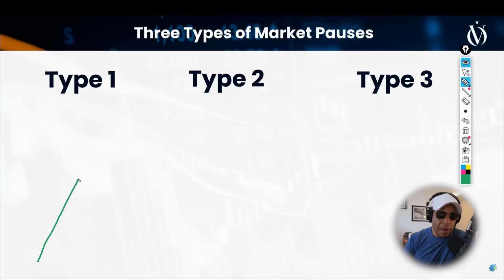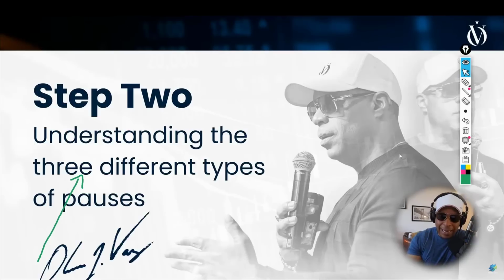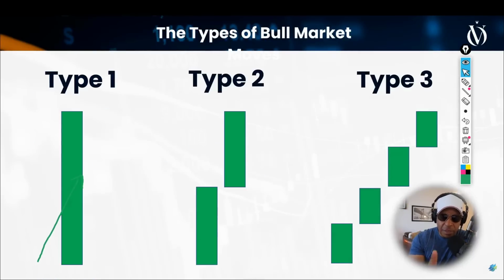So you have a move up. Now remember, guys, the move up can be any one of these 3: 1 bar move up, 2 bar move up, or multiple bar move up. Let's not forget, when I say move up, it can be any of the 3. All right?